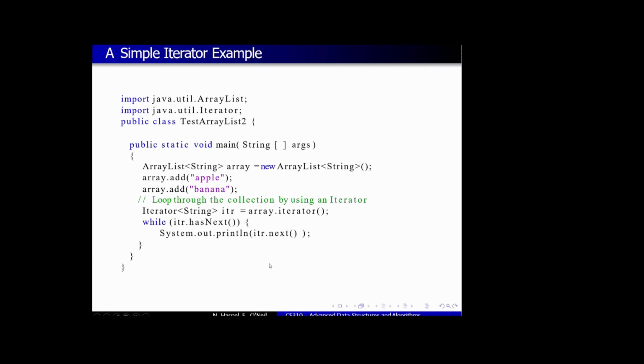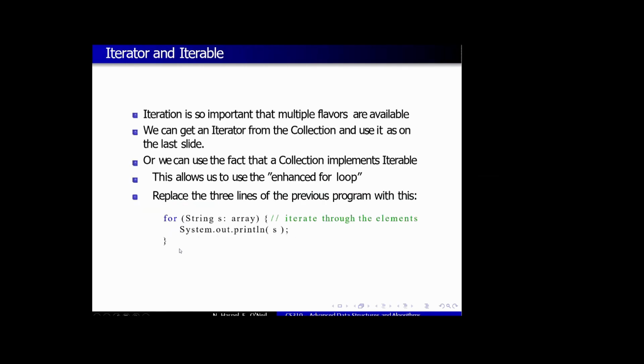Now it turns out we don't often have to go through these three lines of code. It's more than necessary, so there's still another way. We've just gotten the iterator object from the collection and then used its API. But we also have what's called the enhanced for loop that does this for us. It'll run the iterator for us.